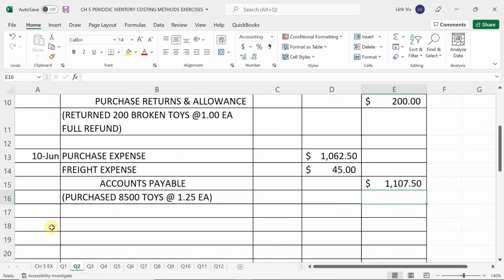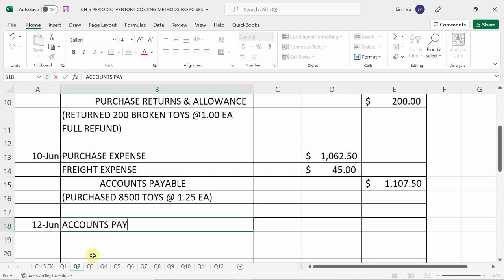Accounts payable. Correct. In this case, the same situation is going to happen, where it's going to be an accounts payable, because I never paid. So the money is going to go against the amount that I owe. And what is going to be my credit account? Purchase, returns, and allowance. Excellent.